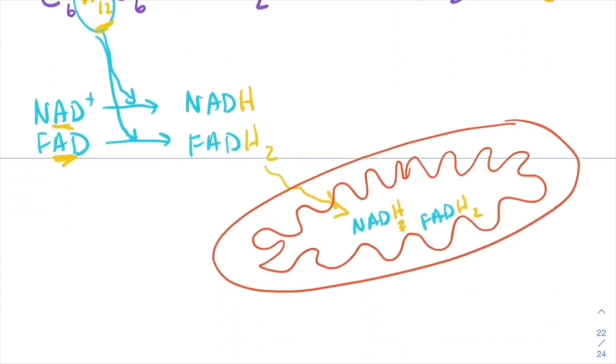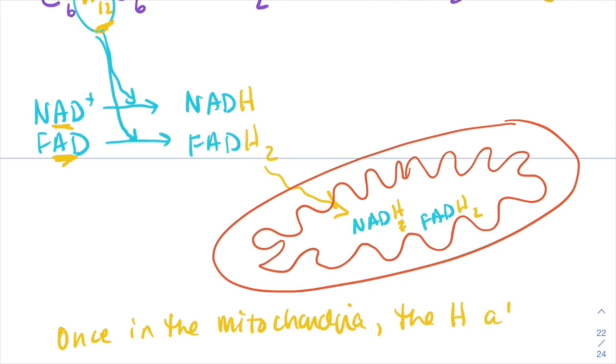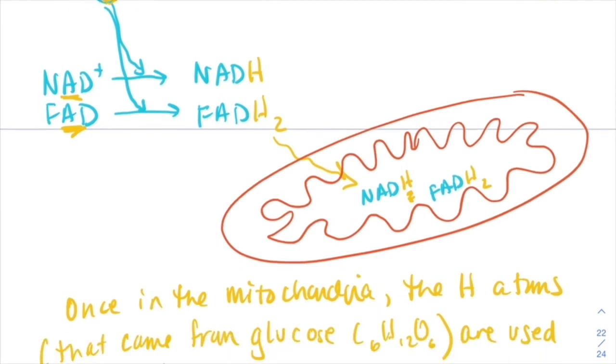So once in the mitochondria, the hydrogen atoms that came from glucose, your C6H12O6, those hydrogen atoms are used to make a crap ton of energy.